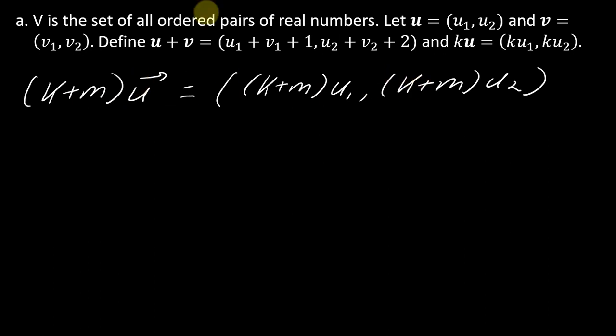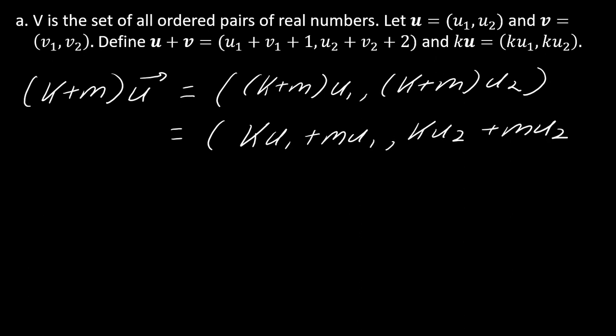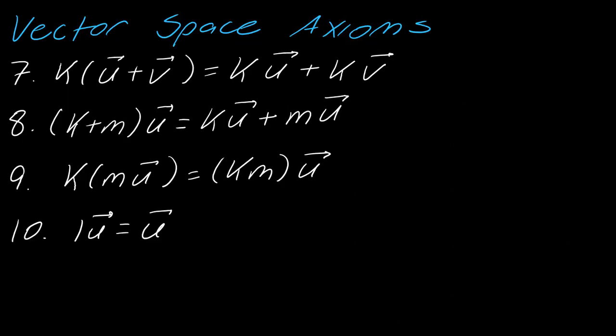Now I can rewrite this as k u1 plus m u1 comma k u2 plus m u2. Okay, so there's the first one. So now what our axiom says, I'll just remind you which one I'm going with here. I'm looking at axiom 8. So this operation has to equal the same as this operation. So now I need to do the right side.